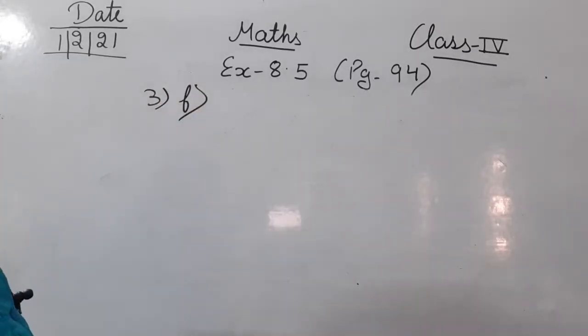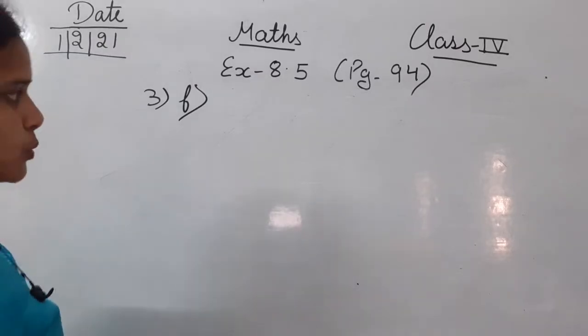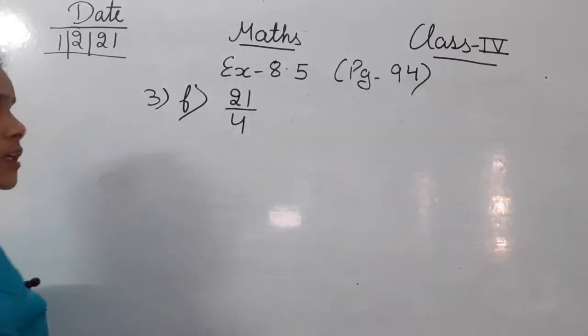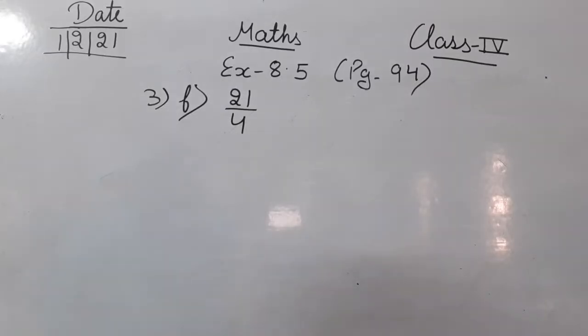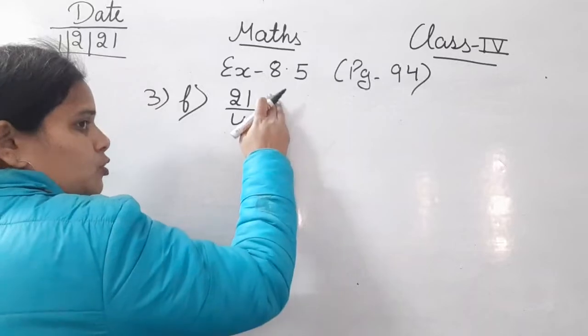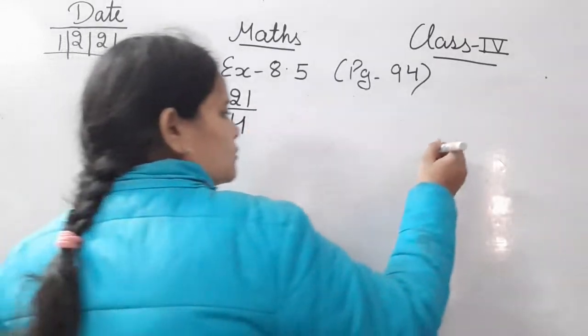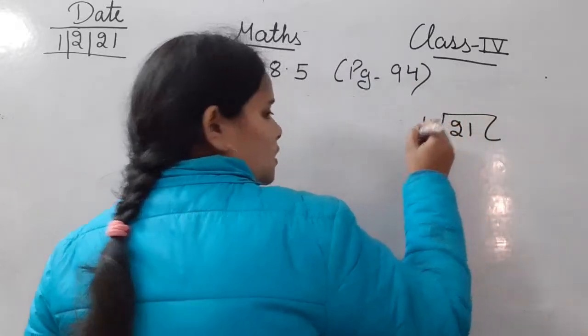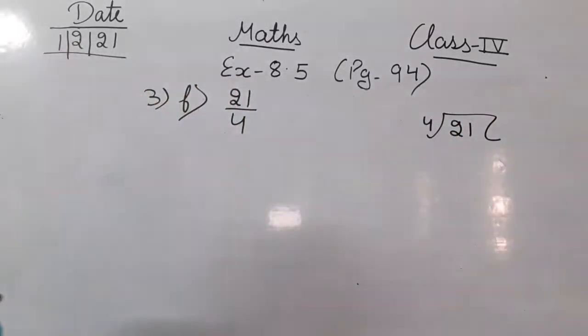F part is 21 upon 4. So now we have to divide these two, that means this numerator with the denominator 4. So let's divide 21 with 4.